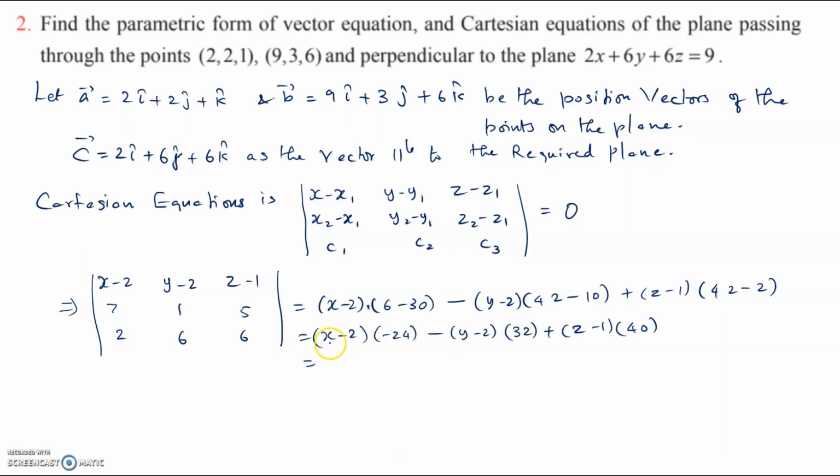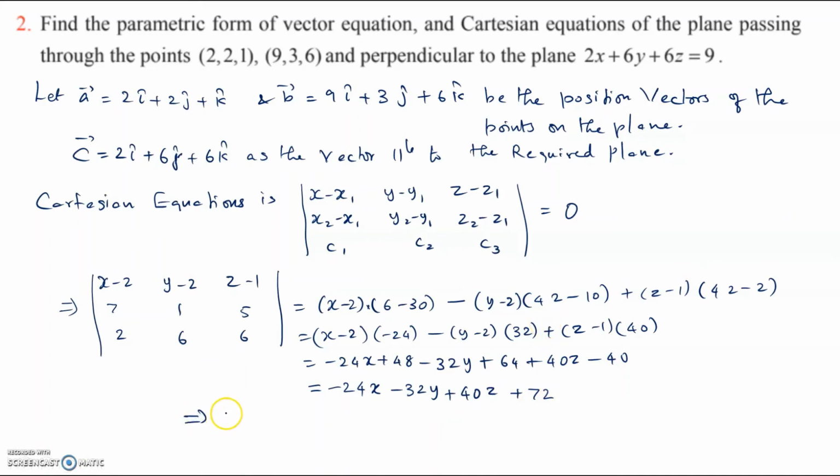So further simplifying this, you get minus 24x plus 48 minus 32y plus 64 plus 40z minus 40, which is equal to minus 24x minus 32y plus 40z plus 72.